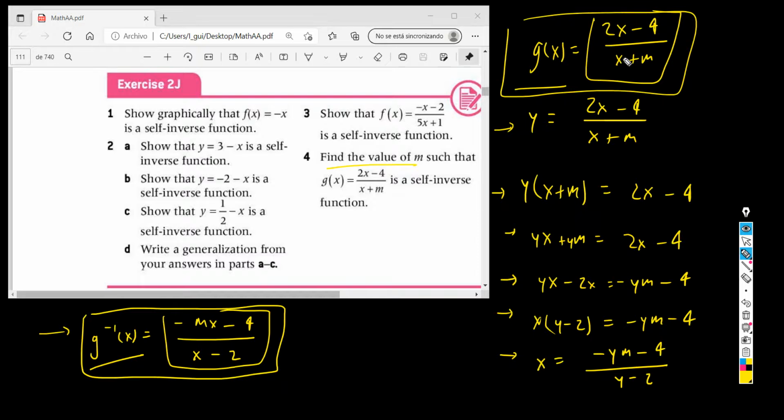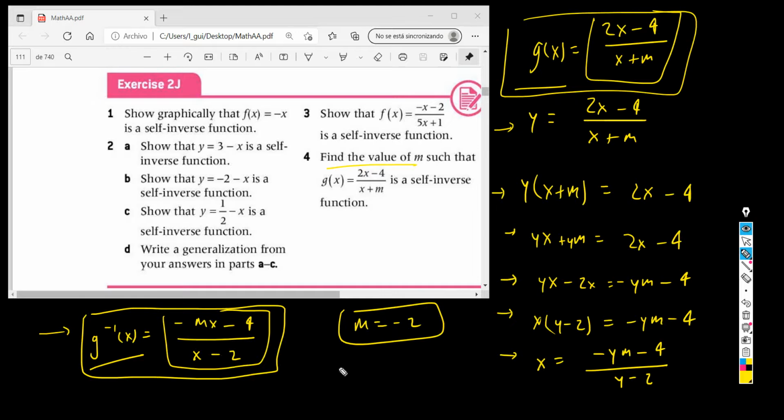What this tells me, look at the denominator here. Look at this denominator, x minus 2, and look at this denominator, x plus m. If m is equal to minus 2, give m the value of minus 2, in here and in here, and you're going to notice that they're going to be the same.